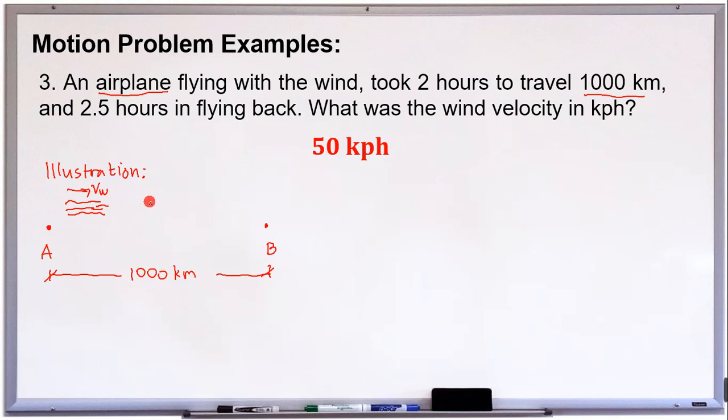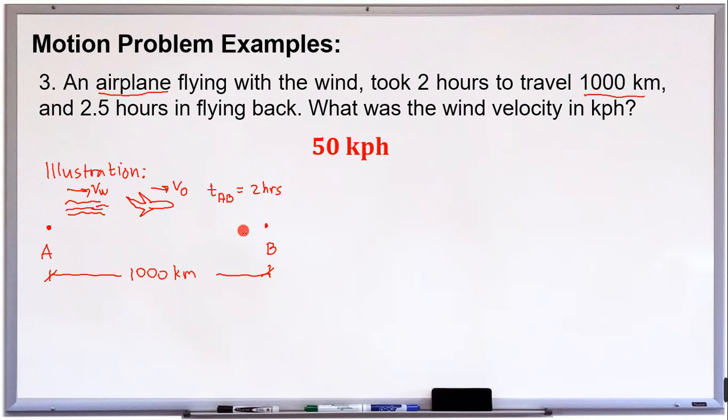Then this is our airplane. So in the first case, it travels with the wind. So let's say this is our VO, the airplane's velocity. So from A to B, the time, TAB, is equal to 2 hours.